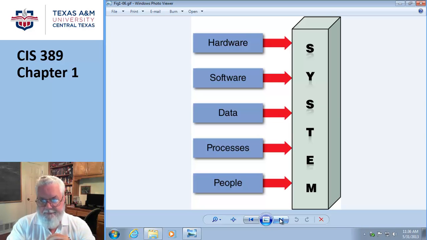That's where you make money. And then, of course, people: the stakeholders who have a vested interest in this process working, the users of the system, and then your customers, who sometimes have a direct tie to the system you're developing. It depends on what kind of system you're developing.